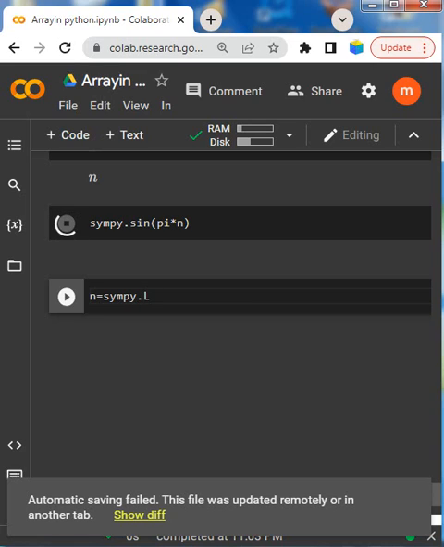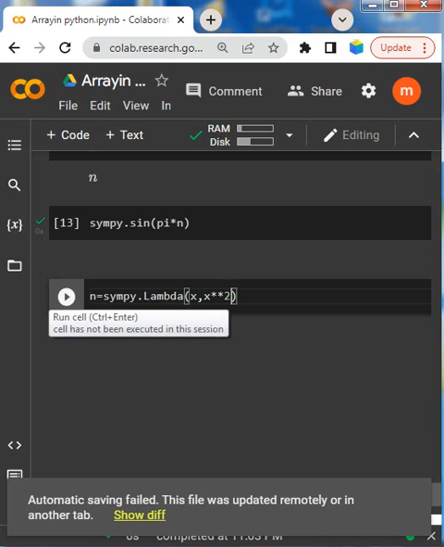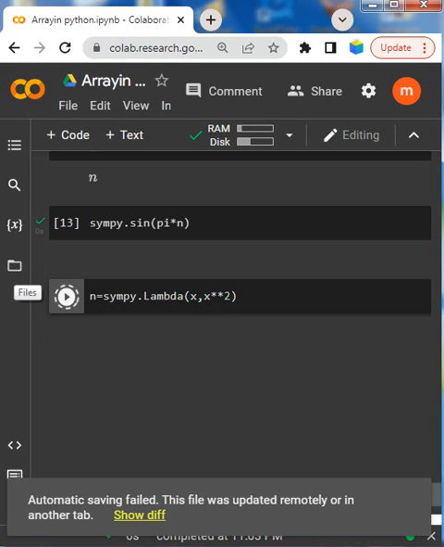So L A M B D A and parenthesis, x comma x square. So I am writing the function as x comma x square, in this sense, this way. So it looks like this.